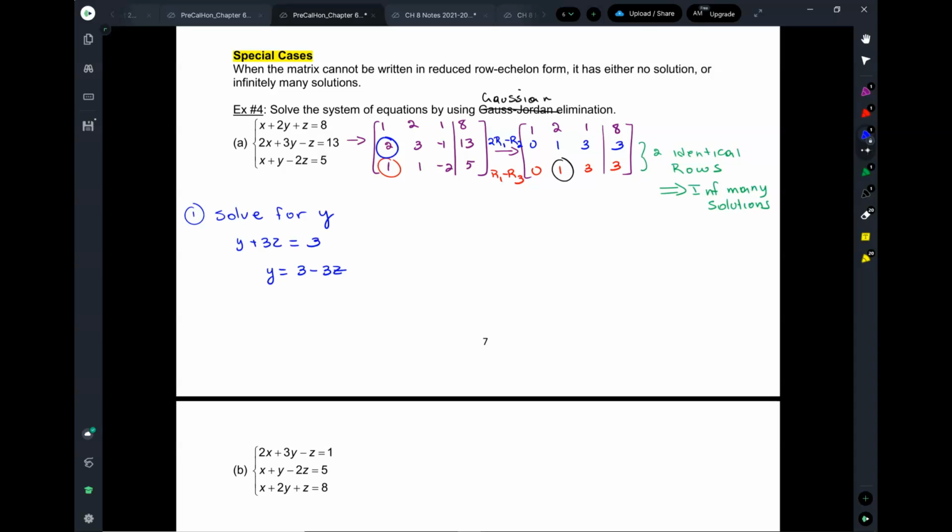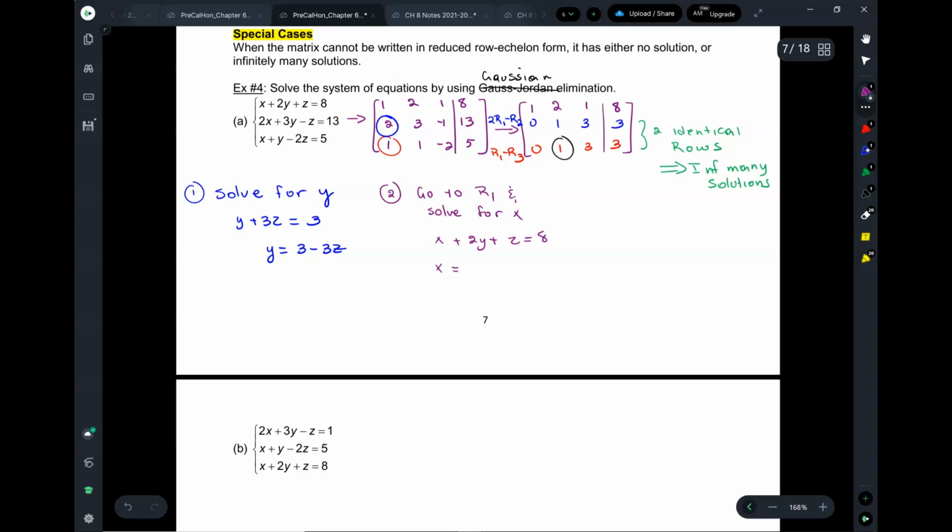You solve it for anything but z. Next, go to row 1 and solve for x. Never z. So, what do we have in row 1? x plus 2y plus z equals 8.